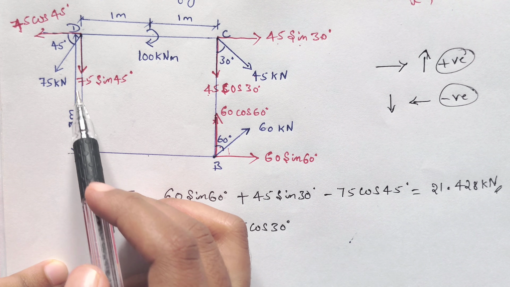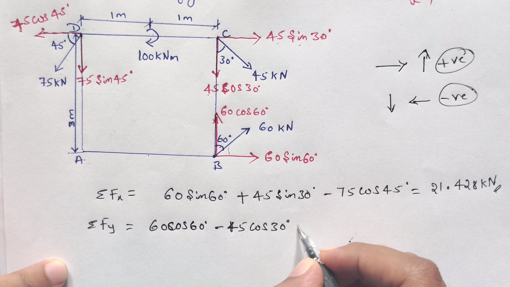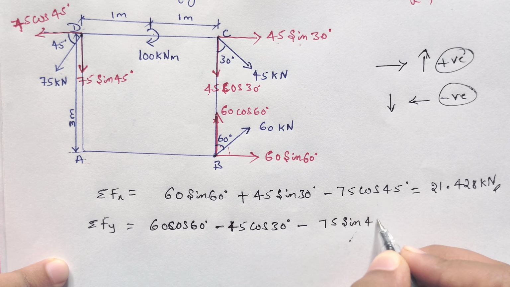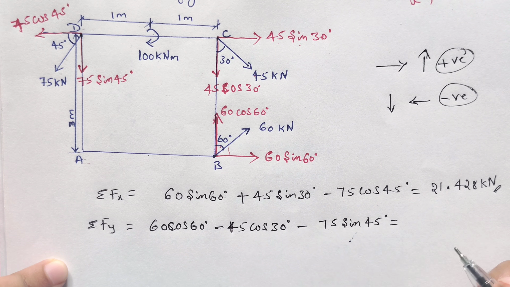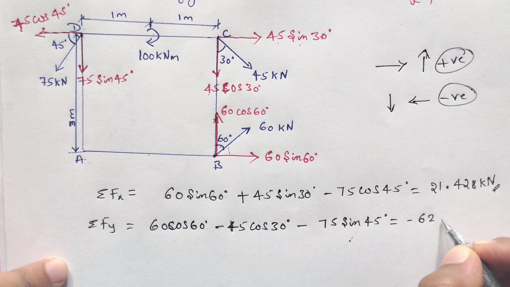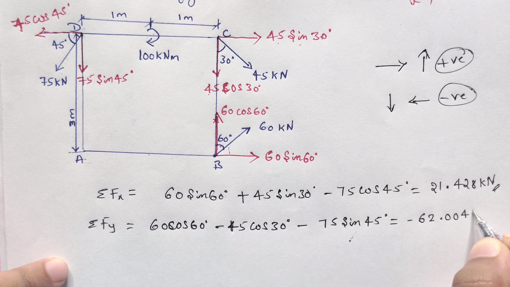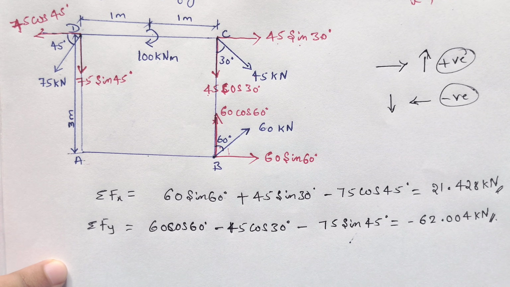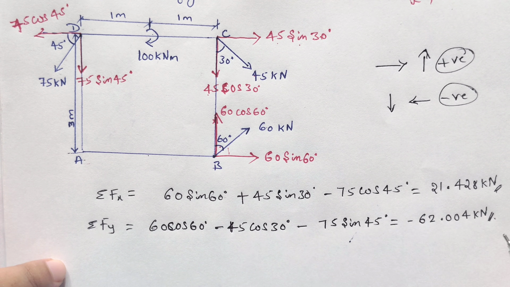And this is also moving downward, it will be minus 75 sine 45. So calculate this, you will get it as minus 62.004 kilonewton. Okay, I hope you got the same value. You can pause it and calculate the value.